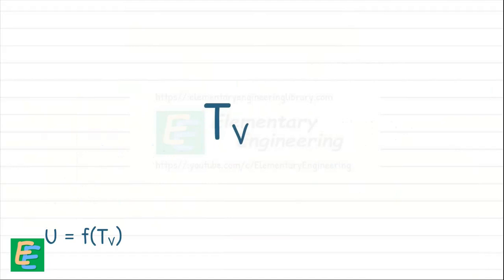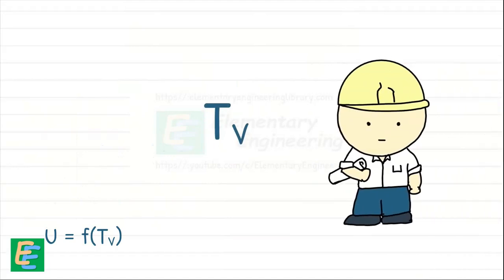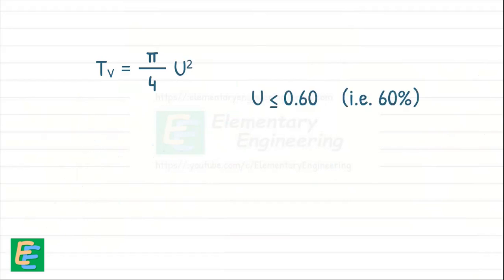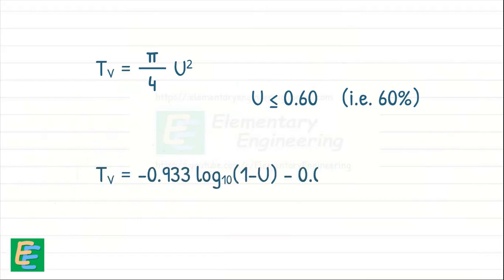The time factor allows engineers to estimate the degree of consolidation at any given time. The relationship between time factor and degree of consolidation can be summed up into the following empirical formulas. TV equal to pi by 4 U square for degree of consolidation less than or equal to 60%, and this for degree of consolidation greater than 60%.